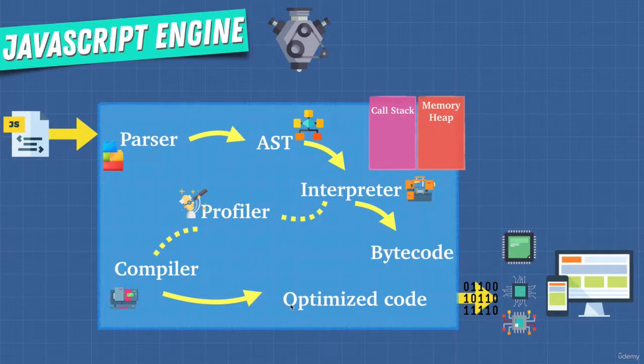And we can also use this knowledge to make sure that we don't confuse the compiler, because the compiler isn't perfect. It can make mistakes and it can try to optimize code in a way that actually does the opposite. And if it makes a mistake and does something unexpected, it does something called de-optimization, which takes even longer to revert it back to the interpreter.